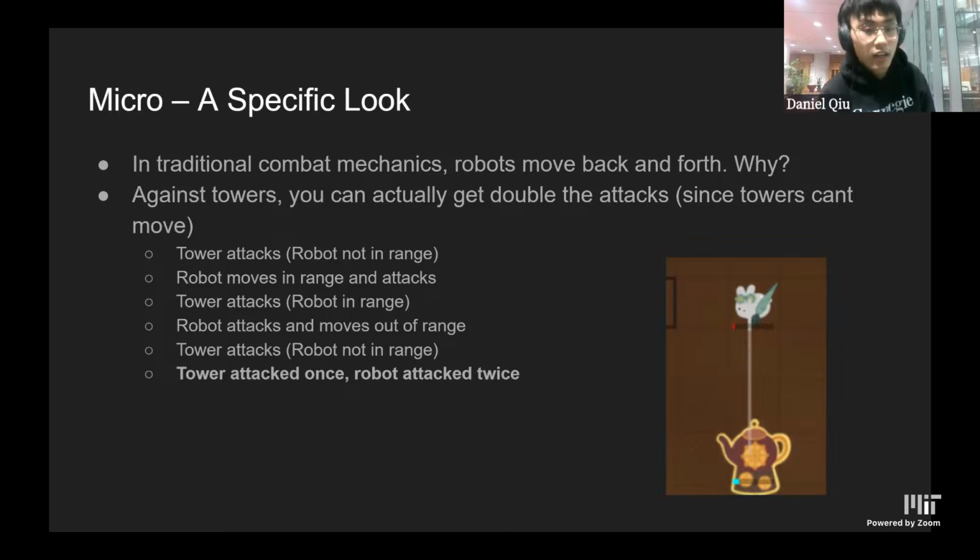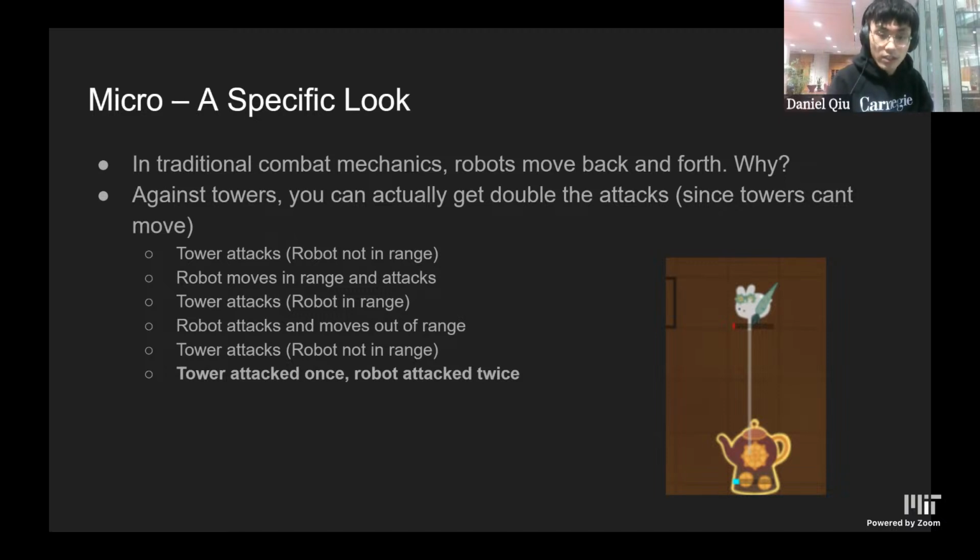Here's a specific example of why a lot of the top teams' bots move in and out when attacking. For example, against towers, you can actually get up to double the attacks, since towers cannot move.